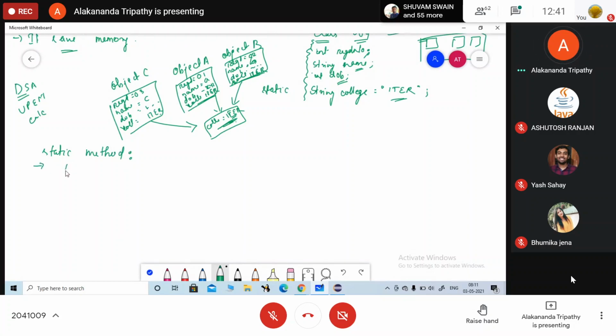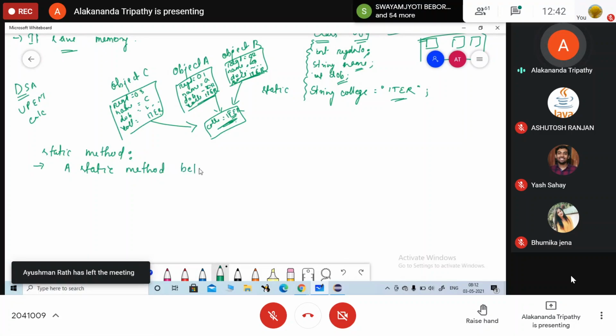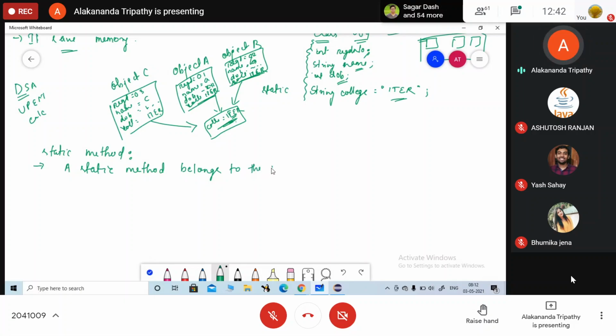A static method belongs to the class rather than the object of the class.